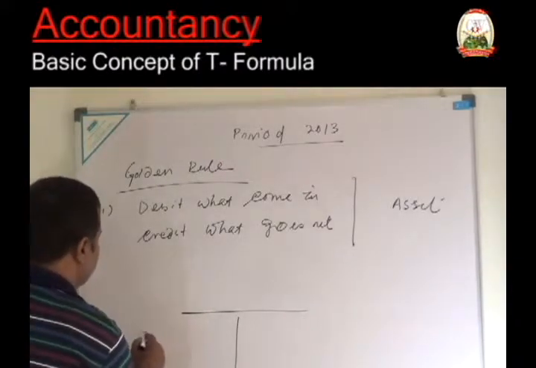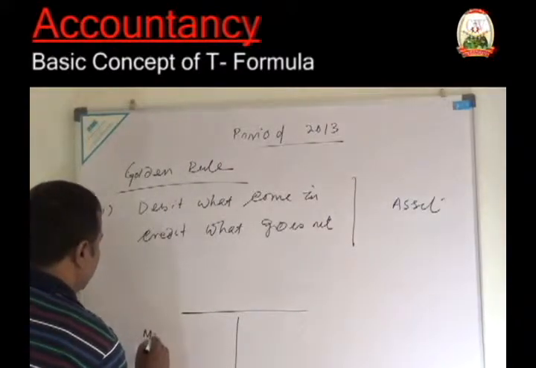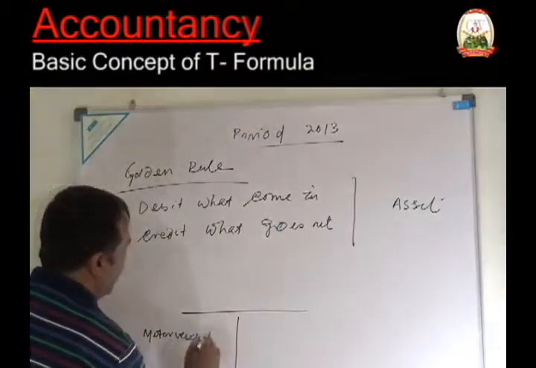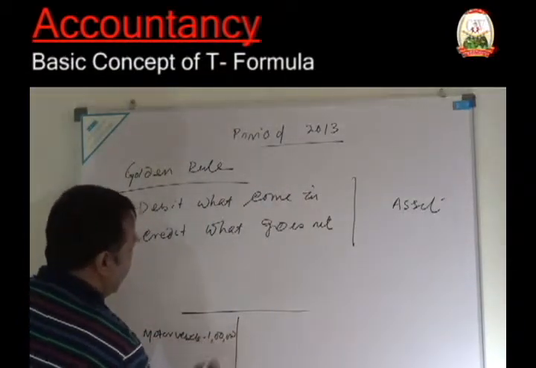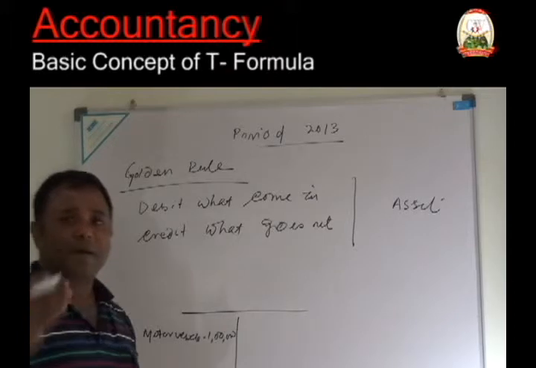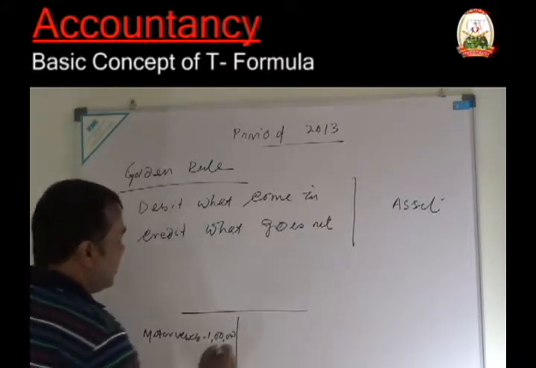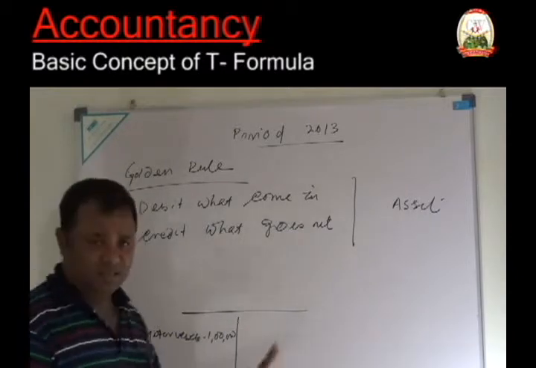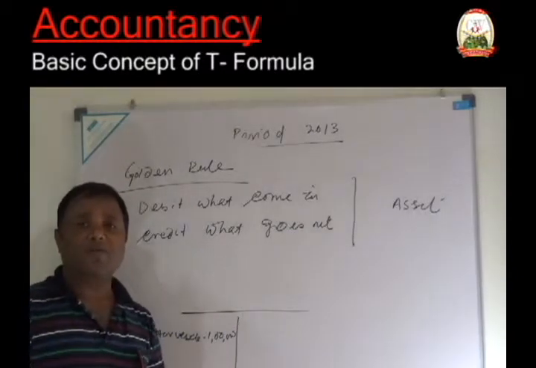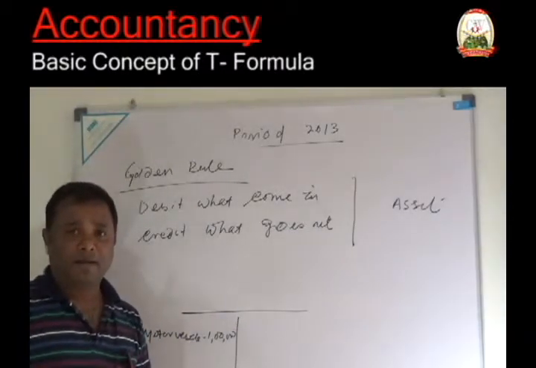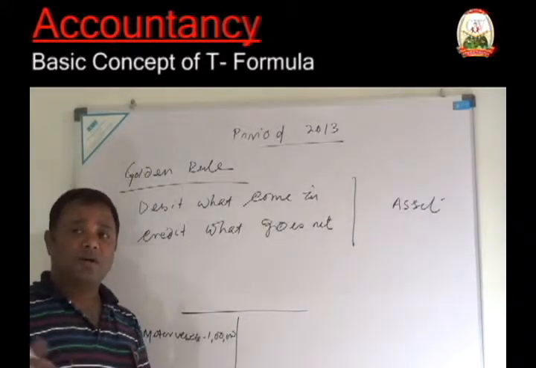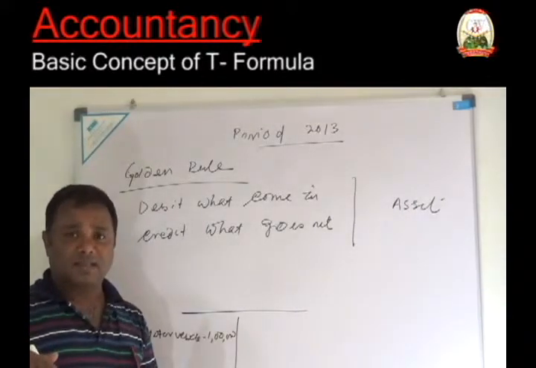That means the car or motorcycle or motor vehicle, 1 lakh. The motor vehicle worth 1 lakh you purchased. Motor vehicle comes in and you borrowed. You don't have any cash, so you borrowed money from bank, or you borrowed money from somebody else.